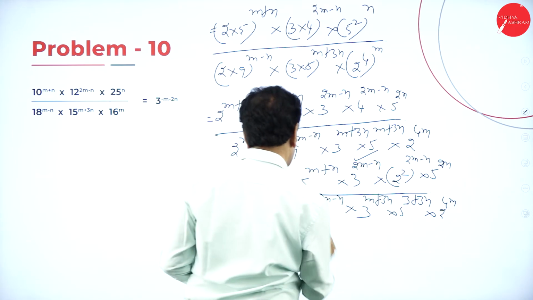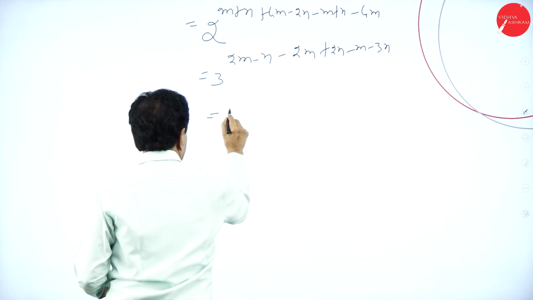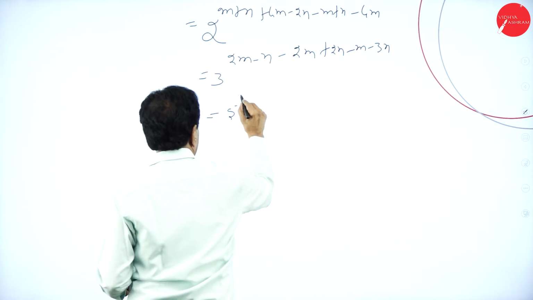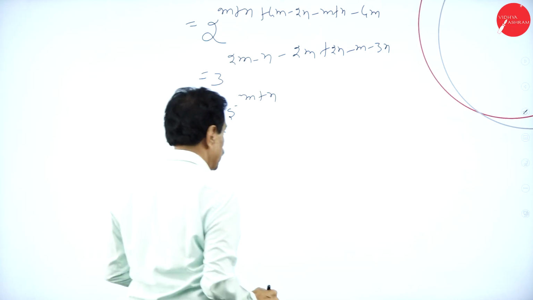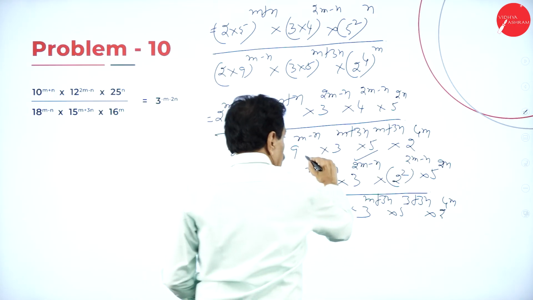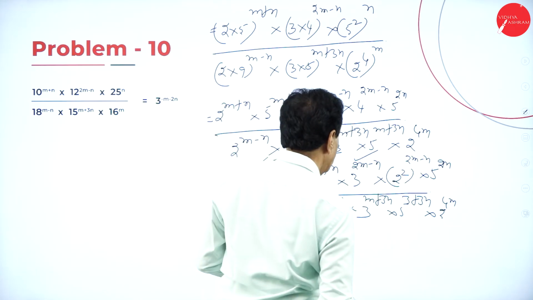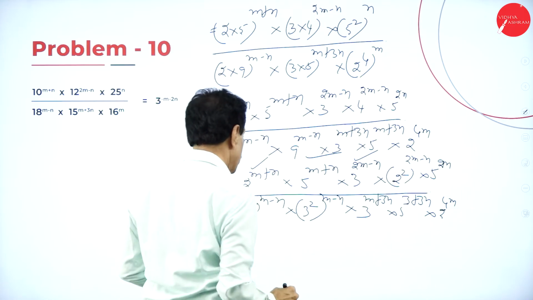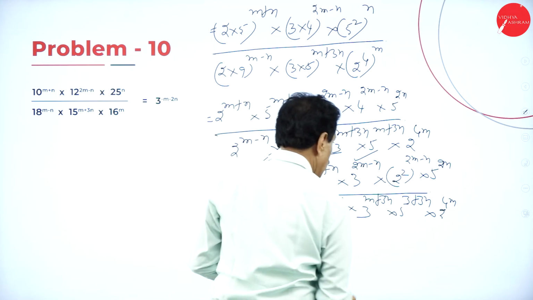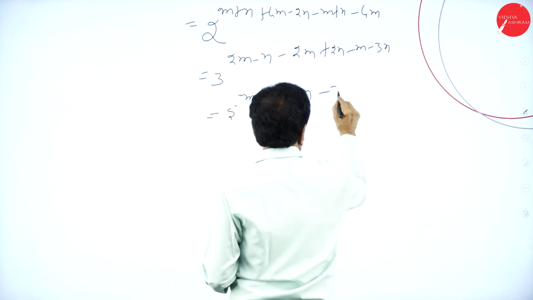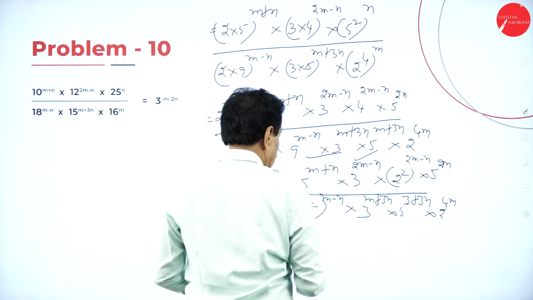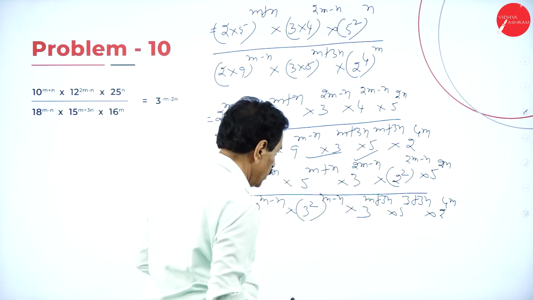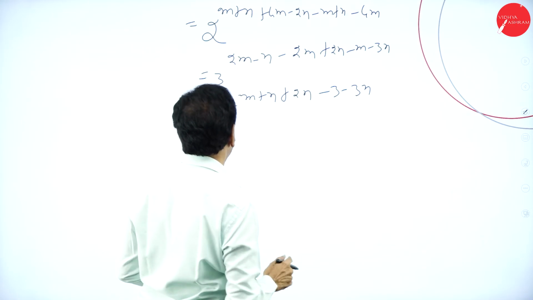Okay. Come back to 5, m plus n, 2n, minus 3, minus 3n over.